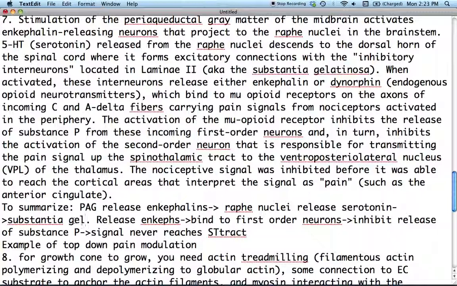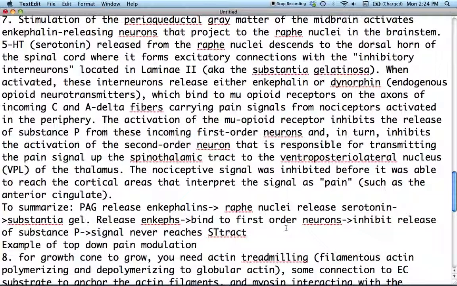I don't know if there's interneurons there, but basically, you've got substantia gelatinosa. These are going to project to and synapse with first-order neurons. So this is your incoming pain signals from, say, your hand if you're getting burned.